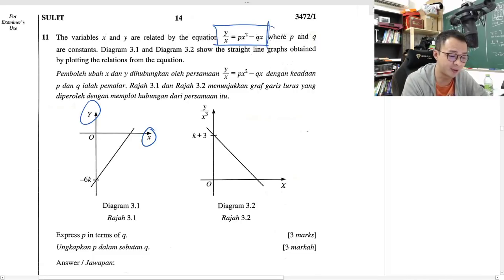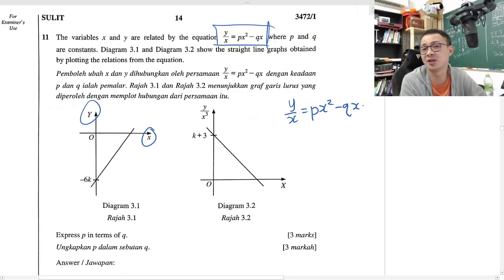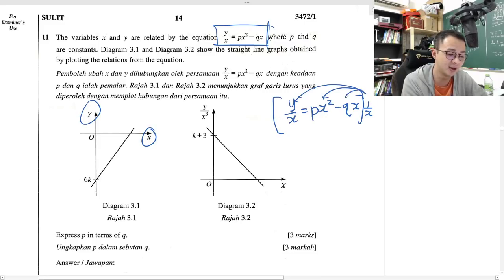So I'm trying to solve this one from the original equation here. I want to make it into y equals mx plus c, but my equation needs to be x power 1. So what I will do here is, in order to get x power 1, I will divide x for the whole equation. If I divide by x, or you can think I multiply 1 over x into every single term, this is q over x squared equals px minus q.